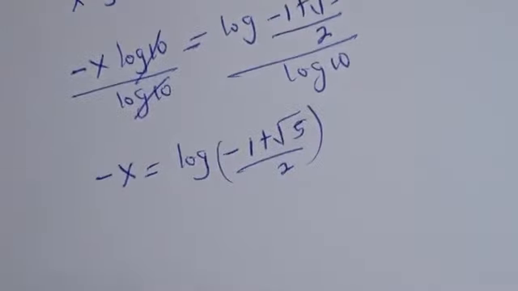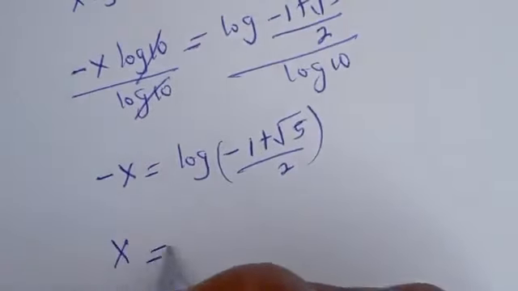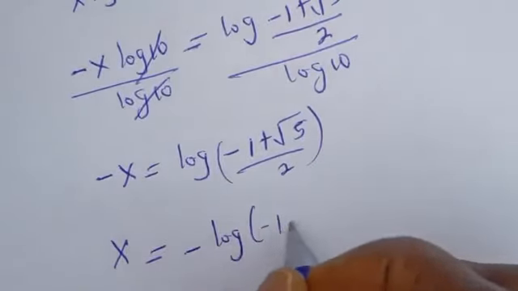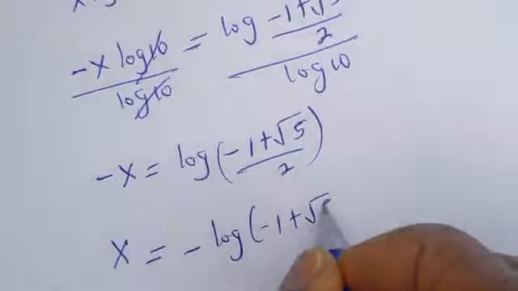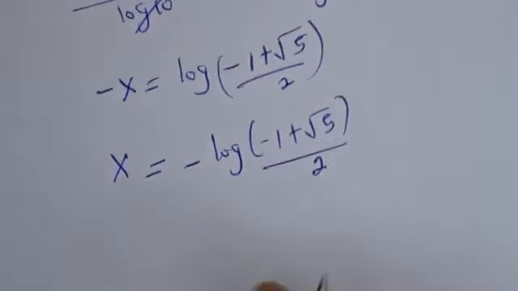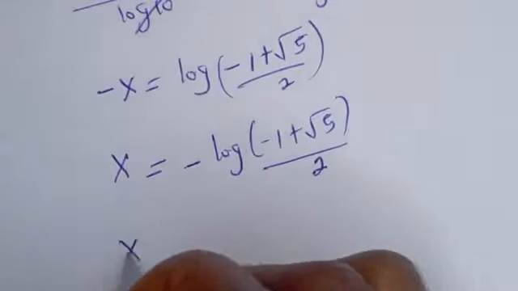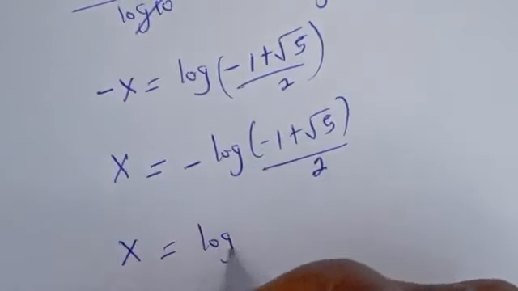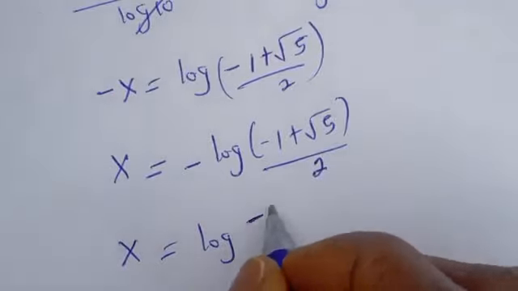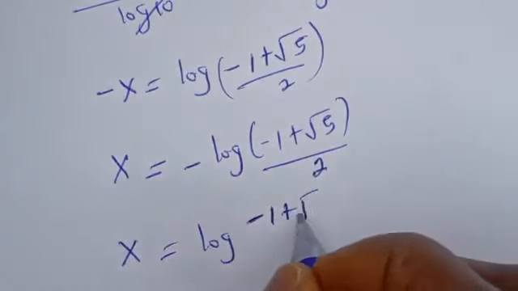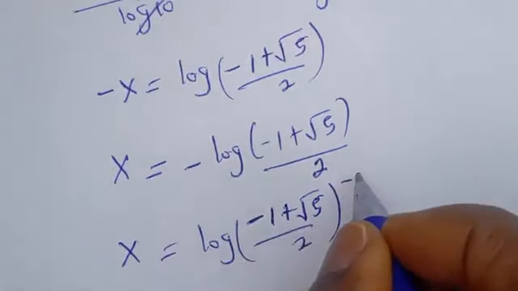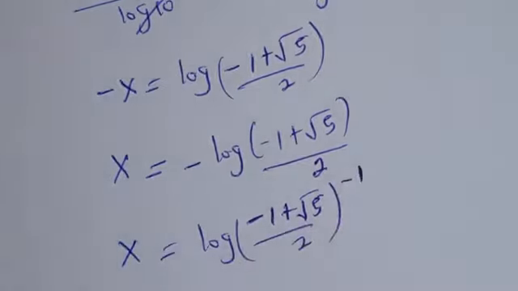Then x is equal to minus log of minus 1 plus root 5 over 2. Then this can be written as x is equal to log of minus 1 plus root 5 over 2 to the power of minus 1.